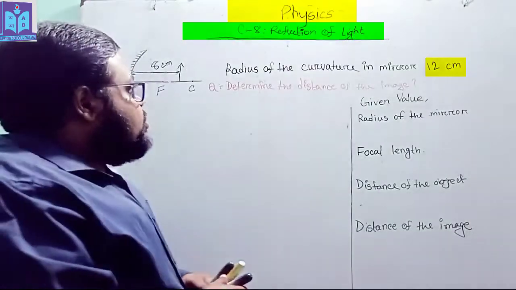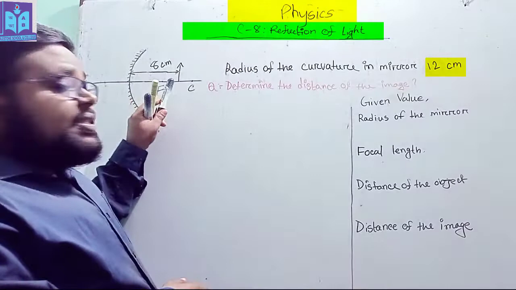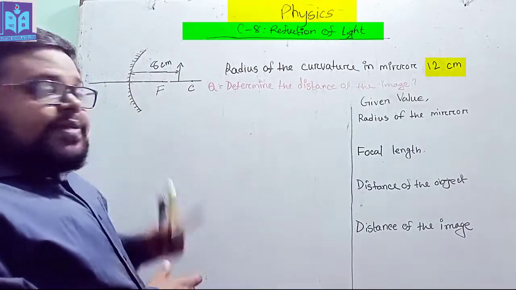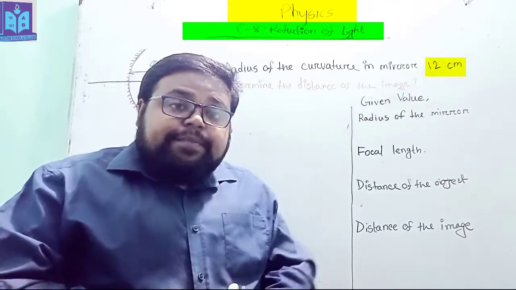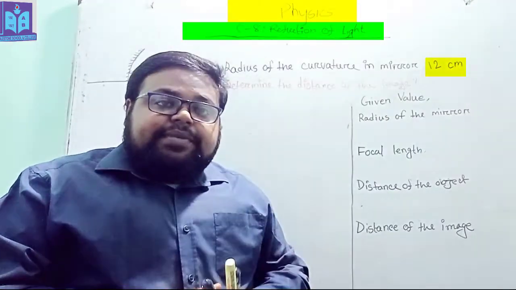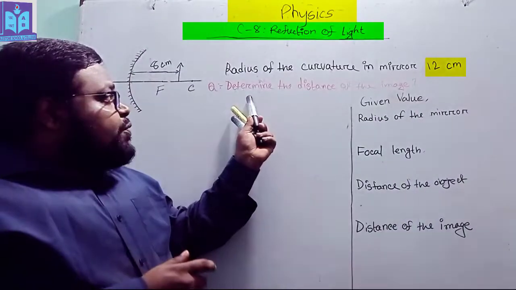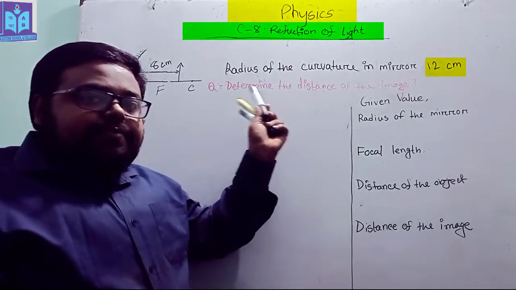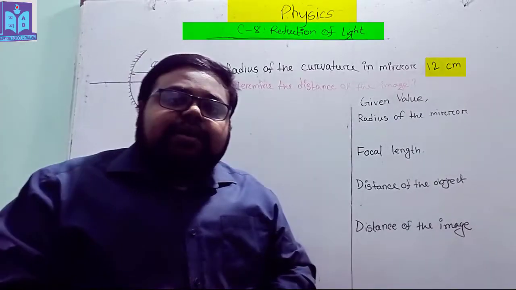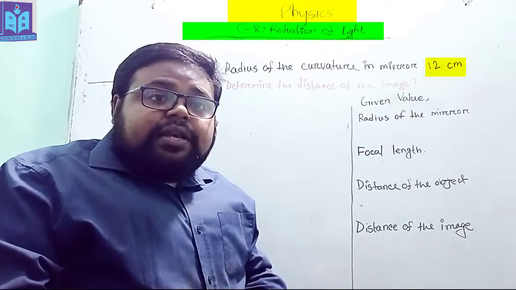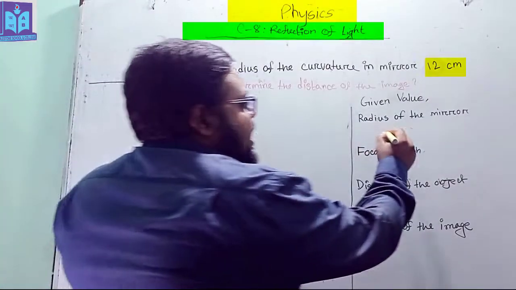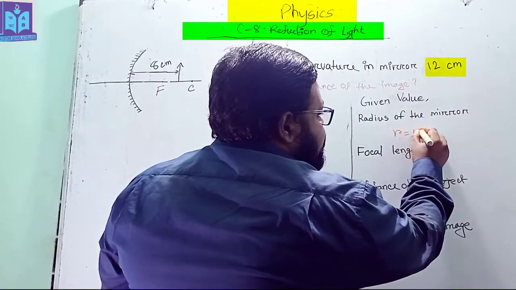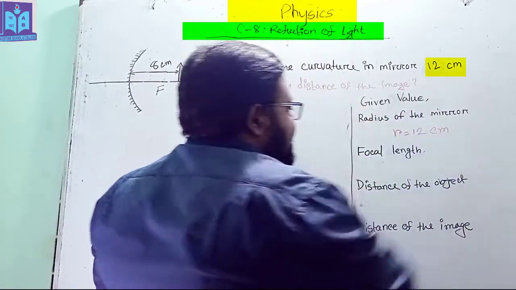Here you can see that the distance of the object is 8 cm and the radius of curvature of the mirror is 12 cm, and we have to determine the distance of the image.